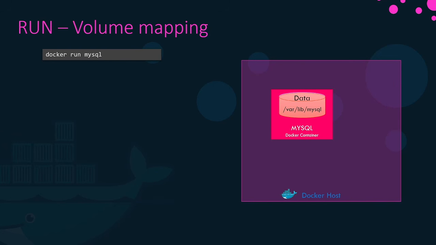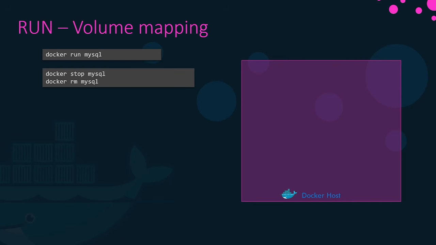Let's assume you dump a lot of data into the database. What happens if you were to delete the MySQL container and remove it? As soon as you do that, the container along with all the data inside it gets blown away, meaning all your data is gone. If you would like to persist data, you would want to map a directory outside the container on the Docker host to a directory inside the container.